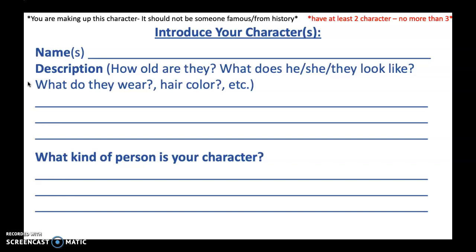Susie is a 5-year-old girl. She has blonde hair and blue eyes. She loves to wear her favorite red dress. Now remember, I didn't just say Susie was 5 years old and that's the end of it. I gave as many descriptions as I could think of. When introducing our characters, we also have to tell what kind of person he or she or they are.